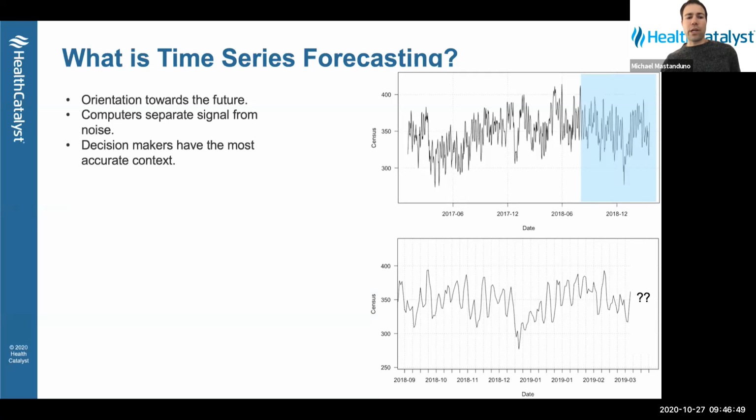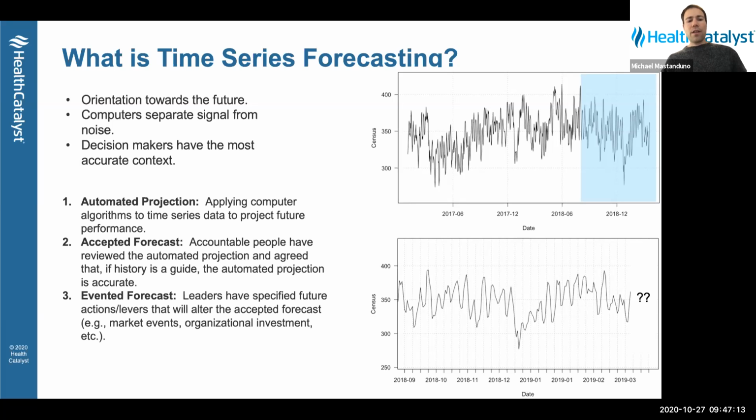We're not going to latch on to trends or seasons that don't actually exist in the data. And so that will give the most accurate context to decision makers. We're not trying to replace the boardroom. We're just trying to put the right information in front of leadership who's making decisions around, say, inpatient census, for instance.